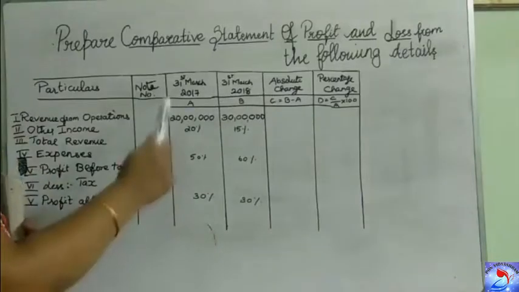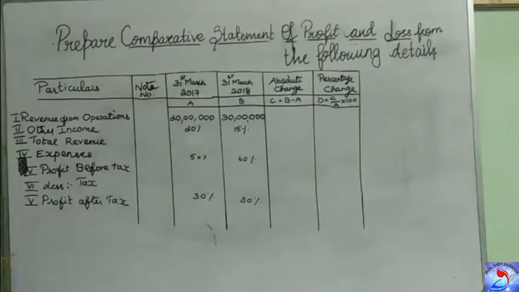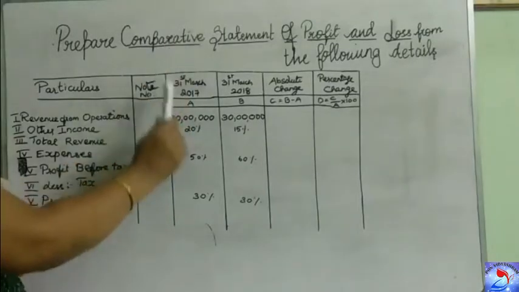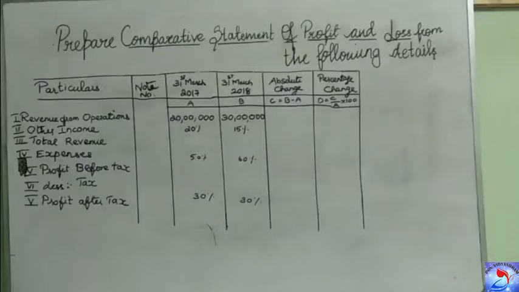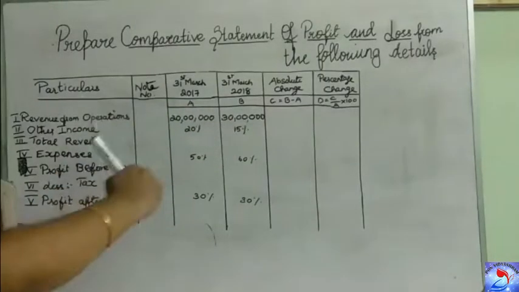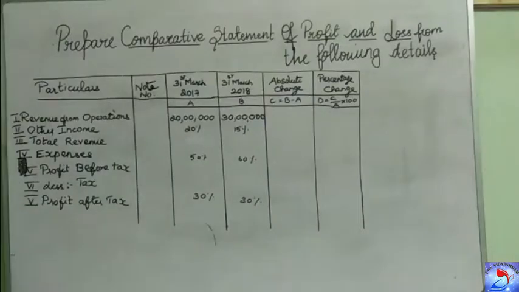The previous year is written first, and after that the later year, according to how the sum is given.